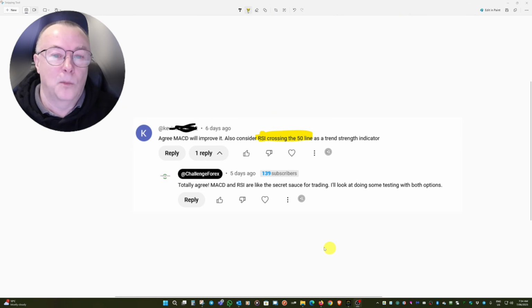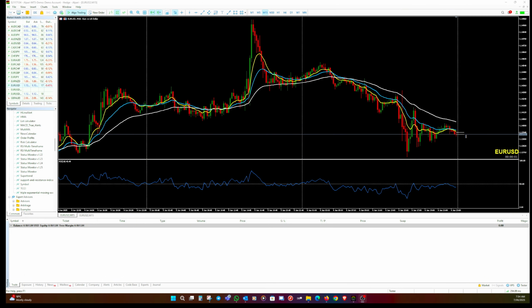The next suggestion we have is to try using the RSI crossing the 50 line as a trend strength indicator. So let's have a look at this one to see how it will work out.